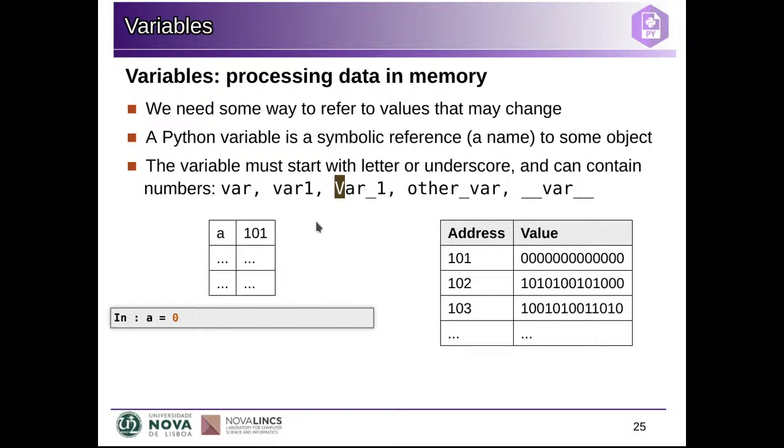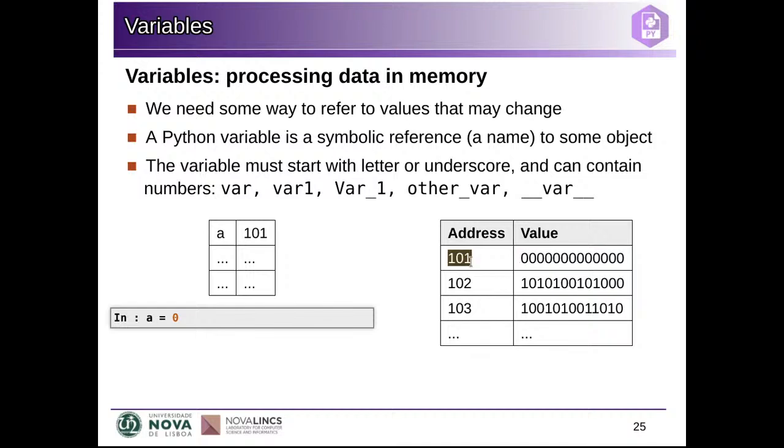And what happens when we create a variable is that the interpreter will store in memory a reference saying that this name here that we created, for example, by assigning 0 to a, so we create a variable a that stores the value 0, and what the interpreter does is that somewhere in memory it's going to put the value 0 in this memory address.